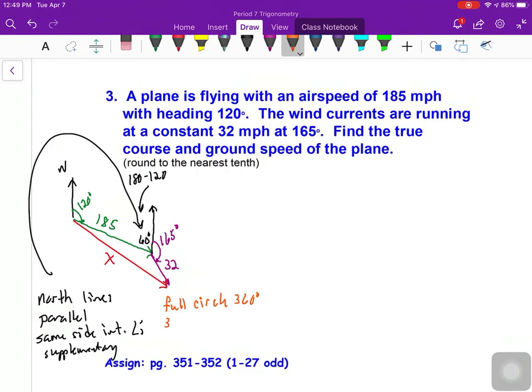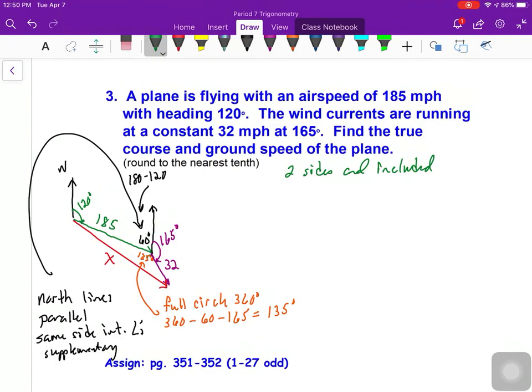Now, the way that helps us is a full circle is 360 degrees. So if I take 360 minus 60 minus 165, I get 135 degrees. So this angle up here is 135 degrees.